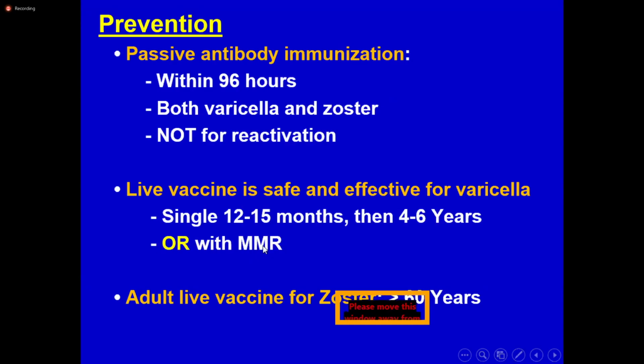I said MMRV, if you remember yesterday: measles, mumps, rubella, and varicella. The adult vaccine can be given to individuals above 60 years of age, just for prevention of the occurrence of this painful disease.